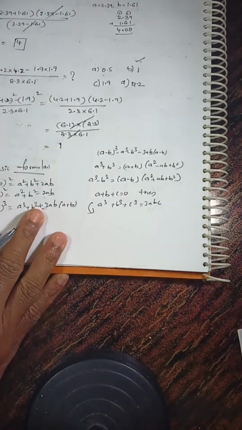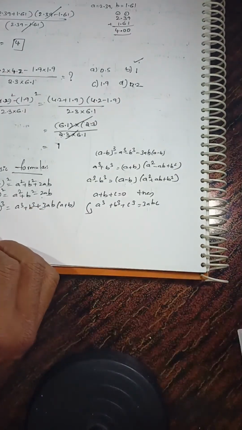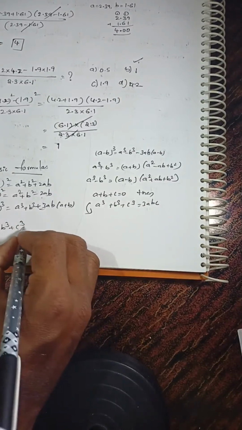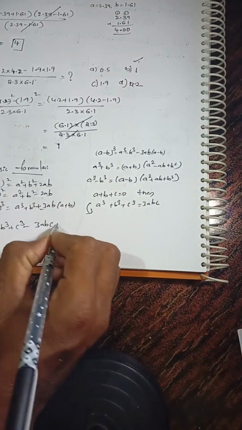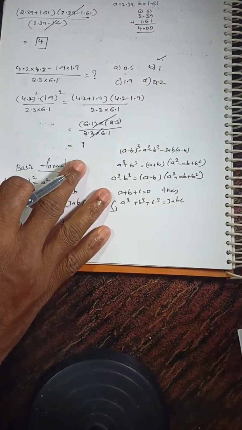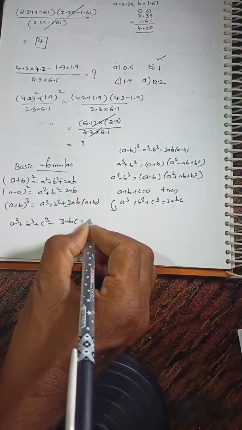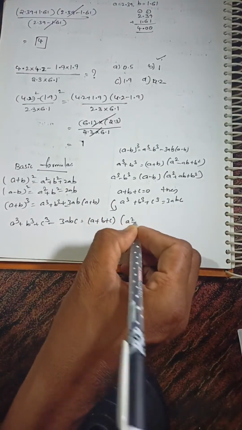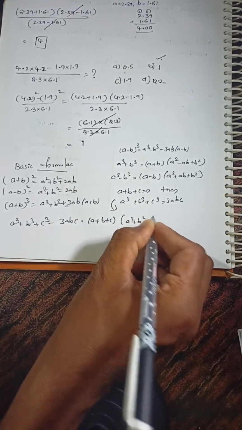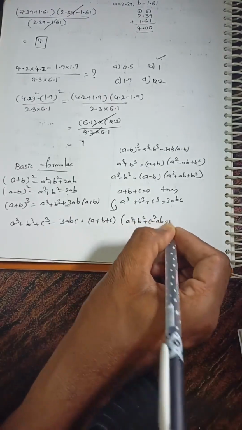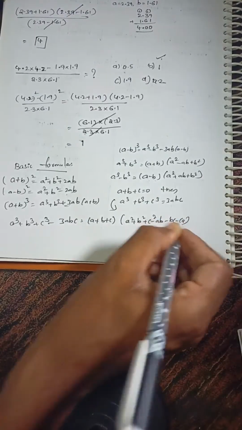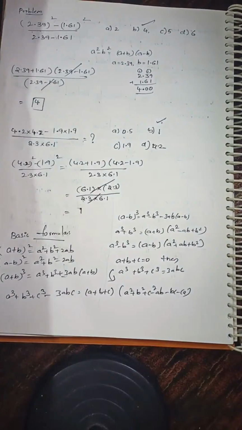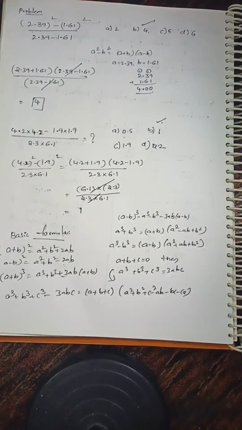We have one more formula, that is a cube plus b cube plus c cube minus 3abc is equal to a plus b plus c into a square plus b square plus c square minus ab minus bc minus ca. So these are the basic formulas which we have to remember in the decimal fractions compulsorily.